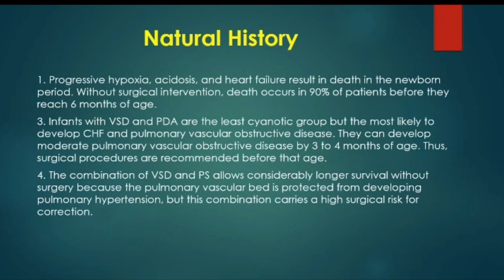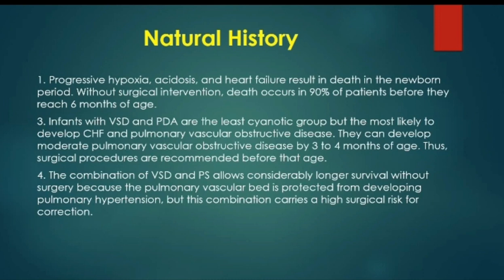So what is the fate of transposition of great arteries if left untreated? These patients will develop progressive hypoxia, acidosis and heart failure, and this results in death within the neonatal period. Most cases, 90%, will die before the age of 6 months.